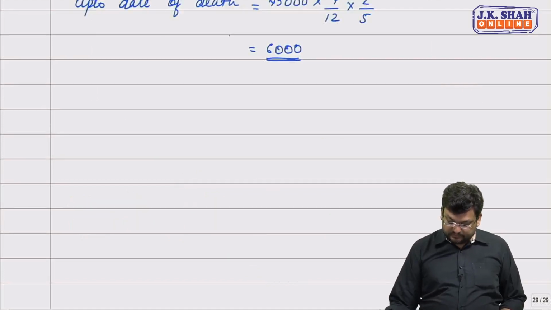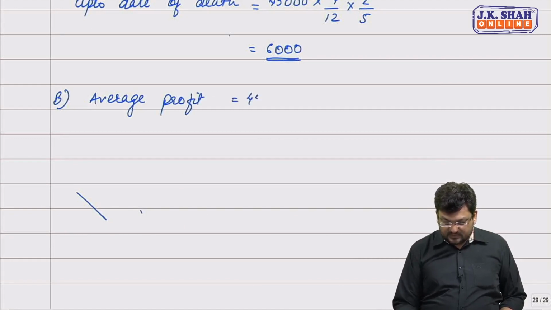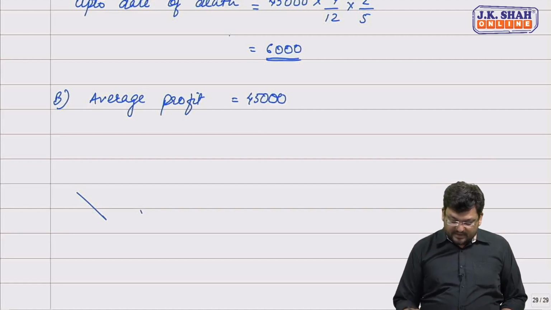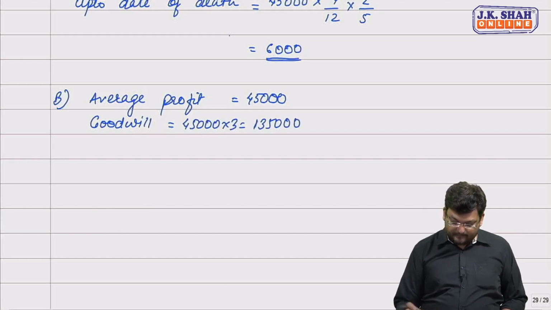Goodwill. Average profit we already calculated. Average profit for 3 years was 45,000. And they are saying goodwill is 3 years purchase of average profit. So it is 45,000 into 3. Firm's goodwill is 1,35,000.